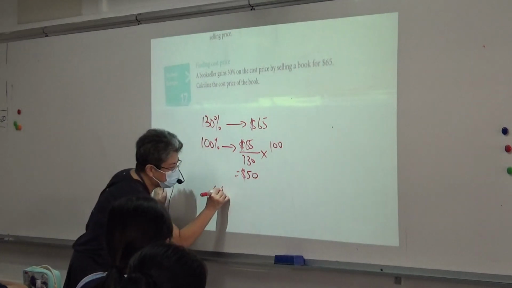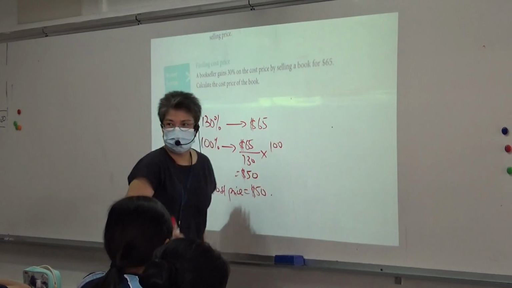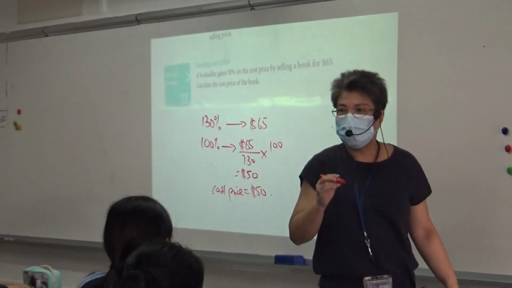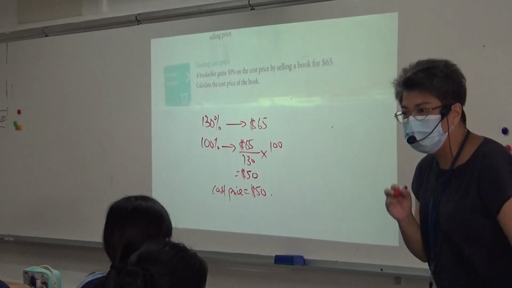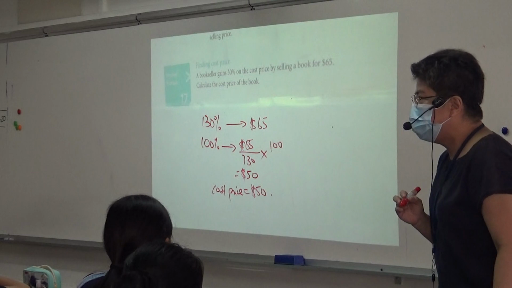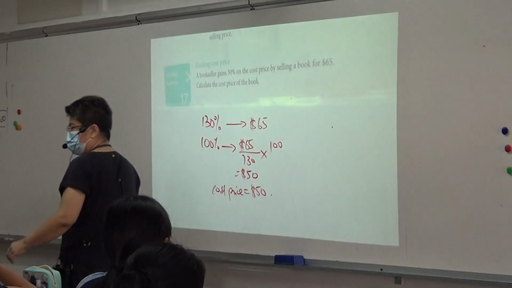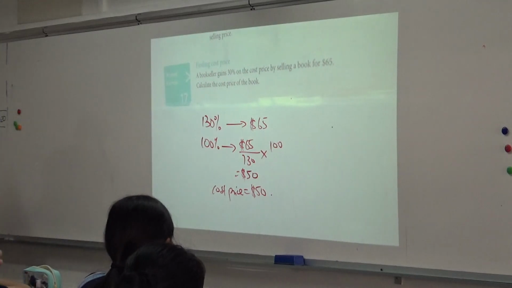Then you just need to write cost price equals $50. That's all. I said already, I don't need you to write a composition. I need you to write simple statements like that. Everybody clear now? Okay? Alright, so that's example 17. Any issues? No. Okay, then we look at the next page.